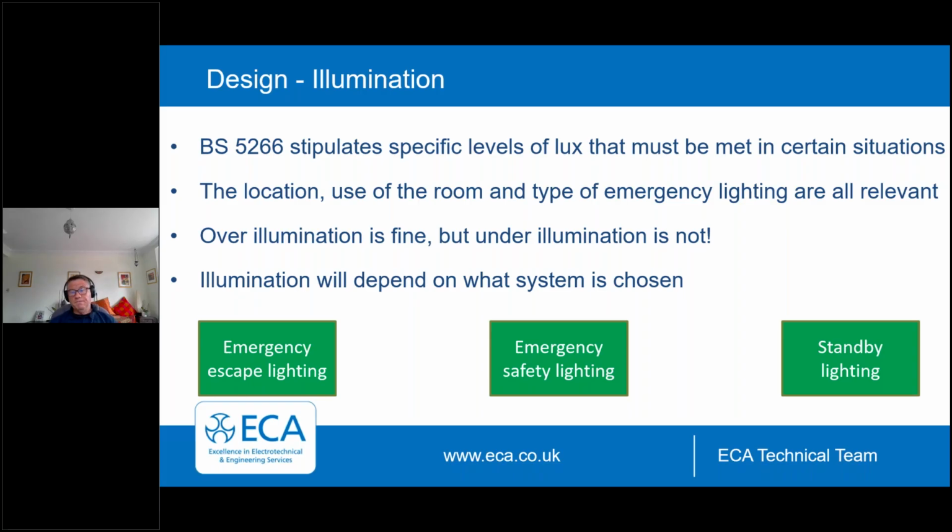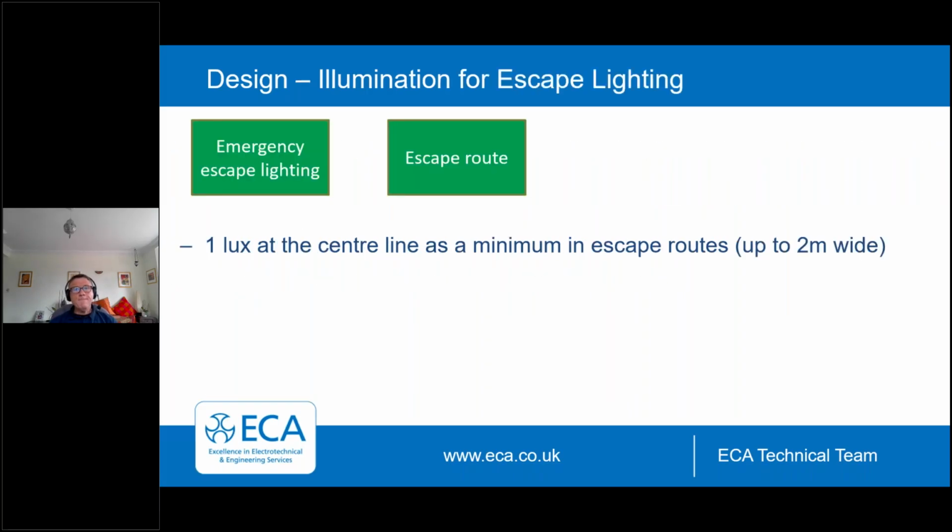So it depends on the system we've chosen. For emergency escape lighting and the escape route specifically, we need to provide 1 lux at the center line as a minimum in the escape route up to 2 meters wide. There are other implications for different sizes, but I'm just trying to highlight some bullet points here. The full detail is available in 5266, of course.